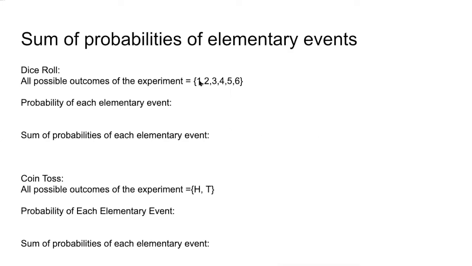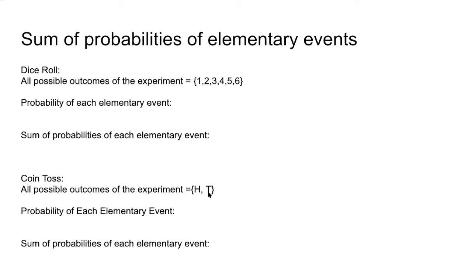So of course when we throw a dice, any of these numbers has to come. That's why when we added all the probabilities, it became 1, because it was a sure event. Either of all these cases has to come. Here also all the outcomes are this, so either this or this has to come.